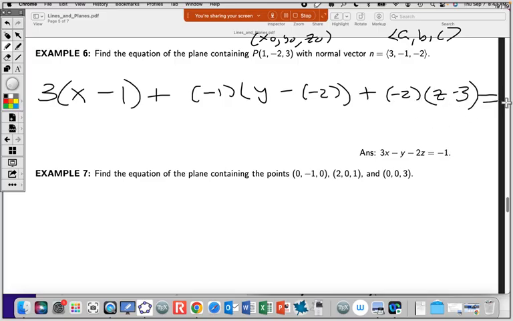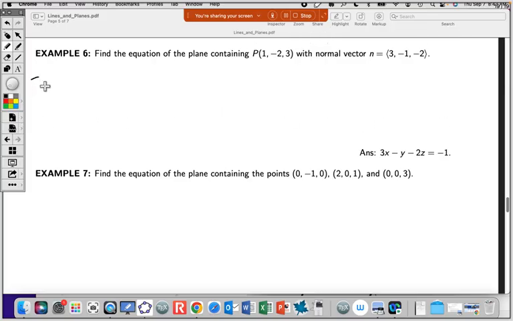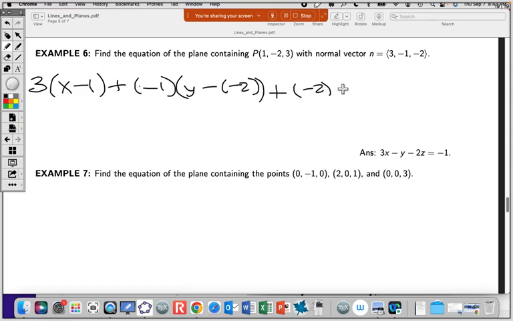Don't forget this is all equal to 0, which I'm gonna recopy this because I ran out of room there. But you got the x component times x minus the x coordinate plus the y component times y minus the y coordinate plus the z component times z minus the z coordinate. Don't forget, if you're using that formula, that's equal to 0. A lot of folks just leave that hanging.